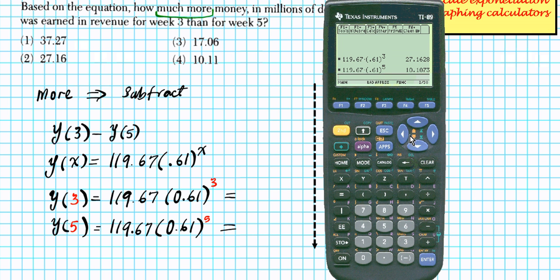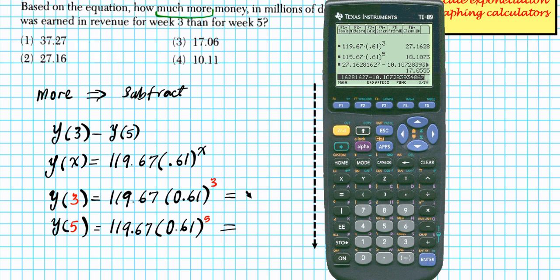So what I'm going to do is just subtract y5 from y3. If you're entering it with the other TI calculators, you can just enter it to 4 decimal places and you should be able to get the correct answer. So let's go ahead and write down our results.